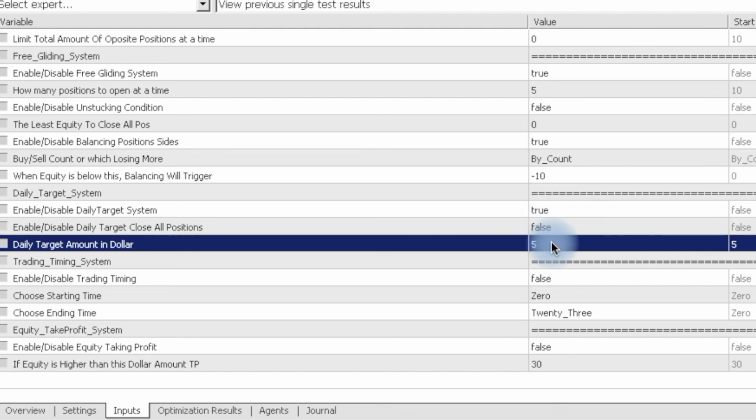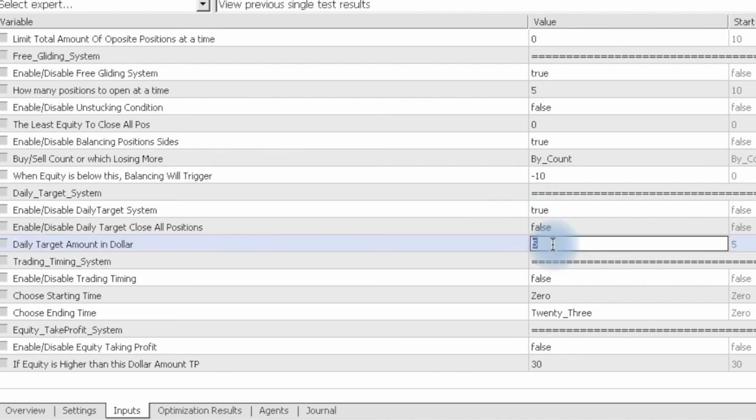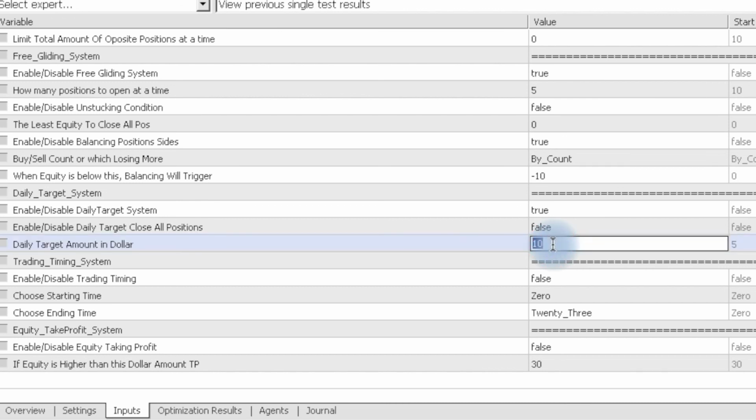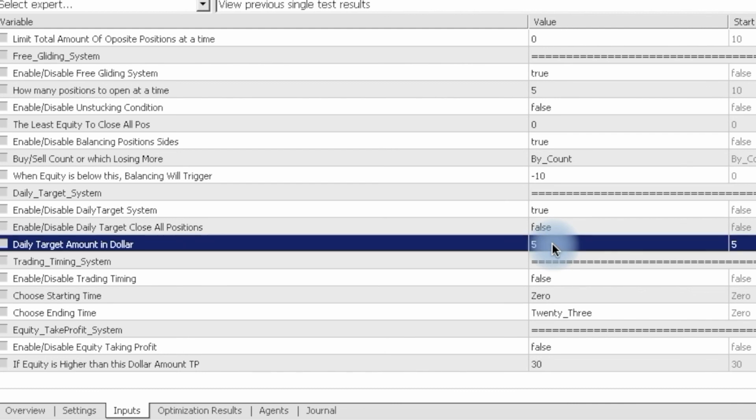Because my lot size is 0.1, this 5 means $50. So if I gain $50 a day, close everything. If I gain $100 a day, close everything. I don't want to trade anymore this day. Next day, start again. Most of the time I have it at 5.